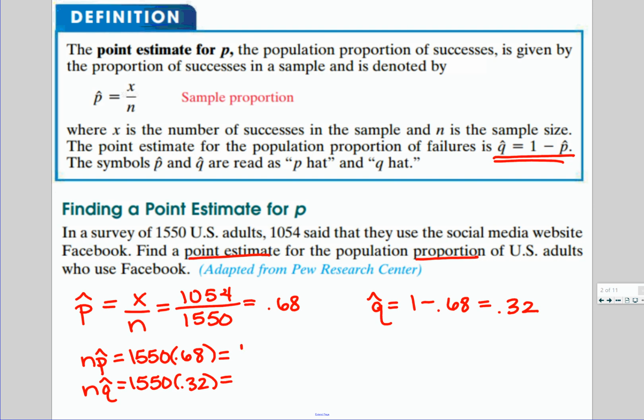Okay, first one gives me 1,054. Those are the people that said yes. We kind of knew that one already. That's 68% of the total. And then 1,550 times 0.32 gives me 496. Both of those greater than or equal to 5. So check. That's what we're looking for.